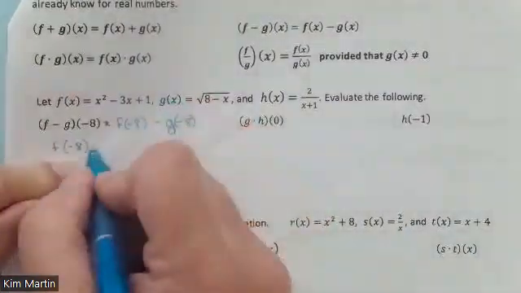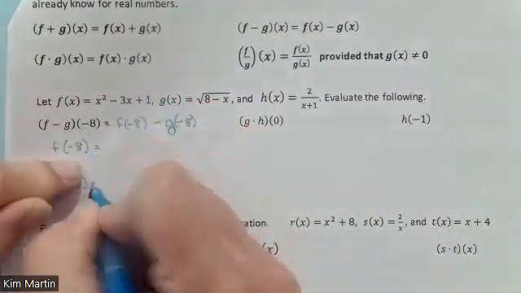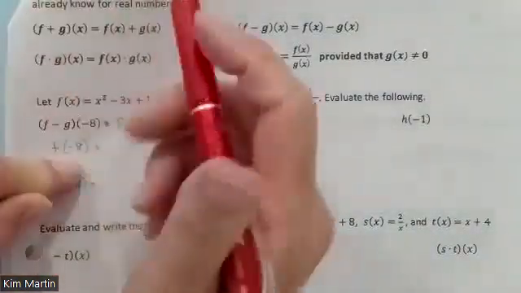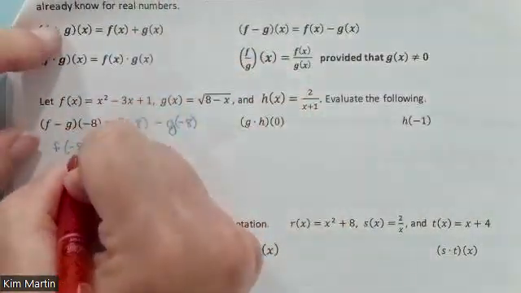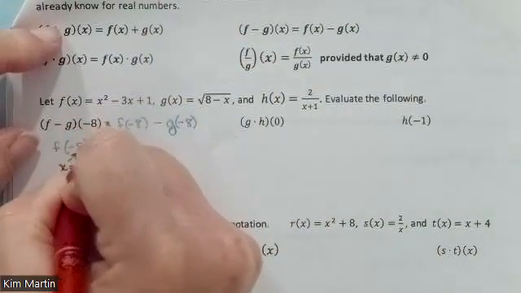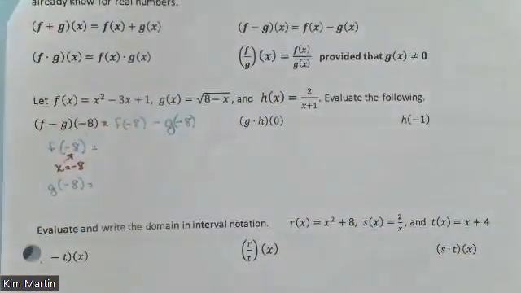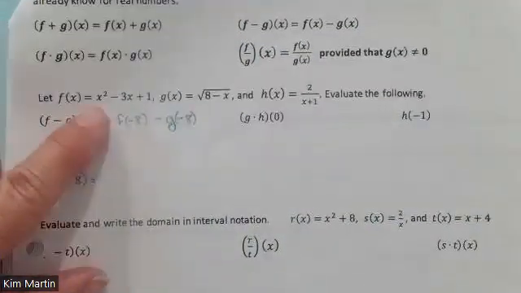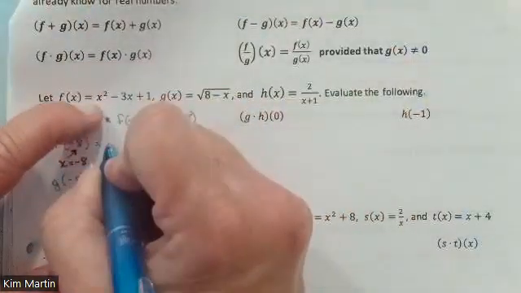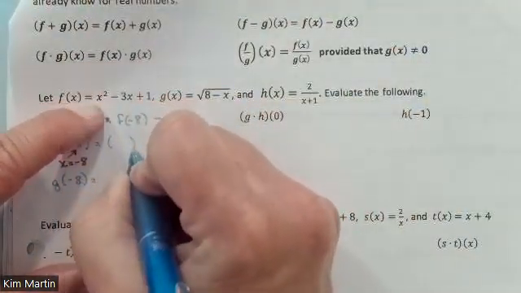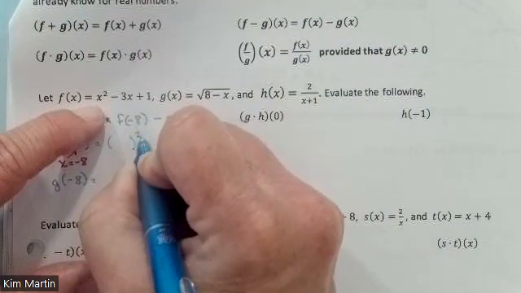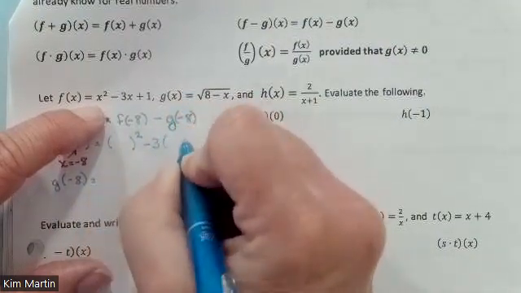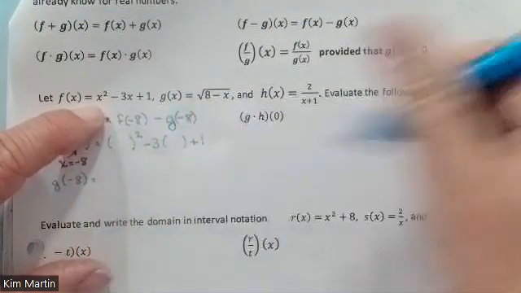So when I write this, you need to know this for the rest of the semester. This is telling you that x is -8. So you take your f function, and wherever you see x, you plug in -8. So you're going to say (-8) squared minus 3 times your -8 plus 1.